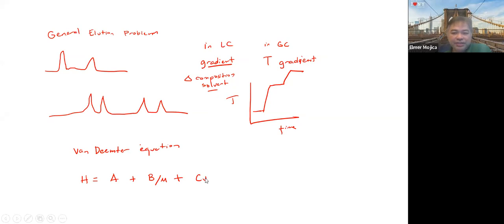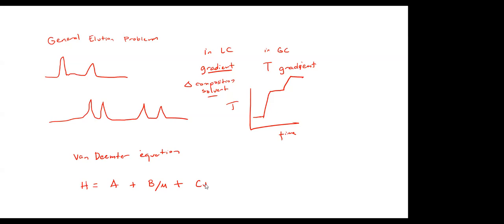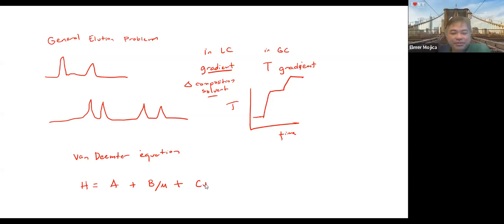So usually, sa Van Deemter plot na to, ang longitudinal diffusion is the term B. Right? Now yung C, ano yung tinitake consideration doon sa C? Mass po. Okay, yung mass transfer between the mobile phase and the what we call stationary phase.